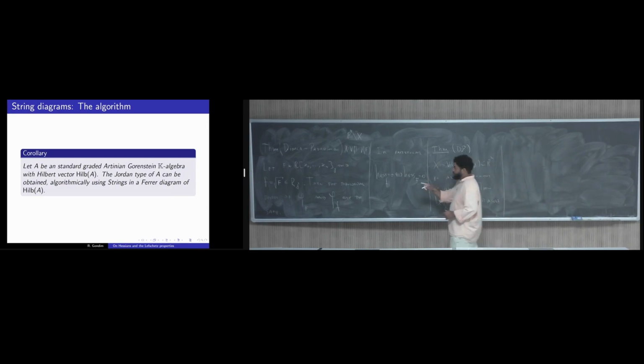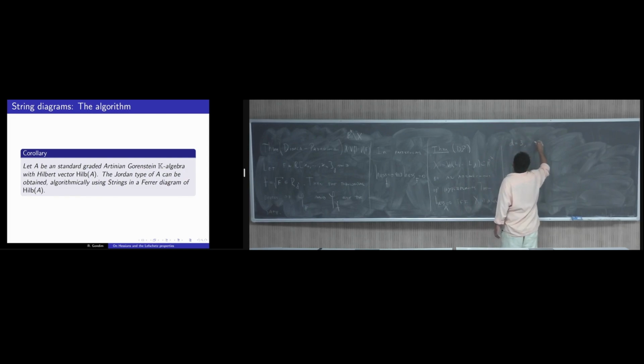Now, how to use it? Together with Macaulay-Matlis duality, to study Jordan types of all algebras, let me say, of degree d equals 3 and codimension n.